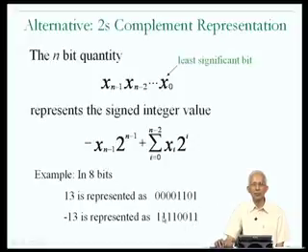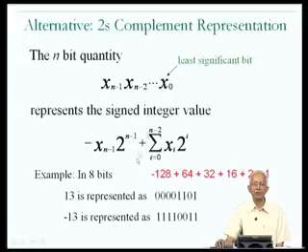So how do I compute what this corresponds to? I note that this representation includes 1, so minus x n minus 1, which is 1, multiplied by 2 to the power n minus 1, which is 2 to the power of 7. 2 to the power of 7 is 128, so it's minus 128. That's followed by a 1, which is part of this summation, which is going to be 2 to the power of 6 in an 8-bit representation.